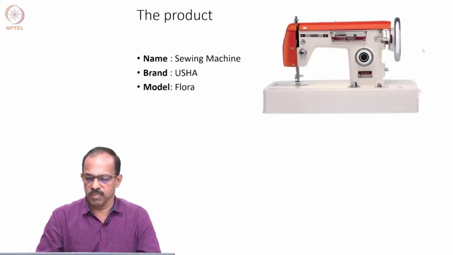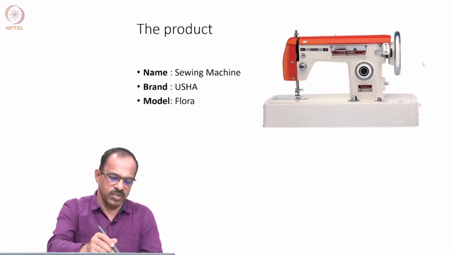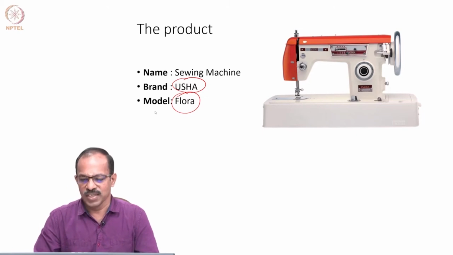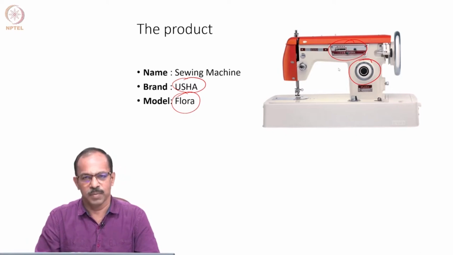Okay, so this is the sewing machine that you will be seeing in the exercise video, where the TA will try to explain to you the various parts and assemblies in the product. It's a Usha make, and this is a Flora model. As you can see here, there are different features for control, and many knobs for controlling it.